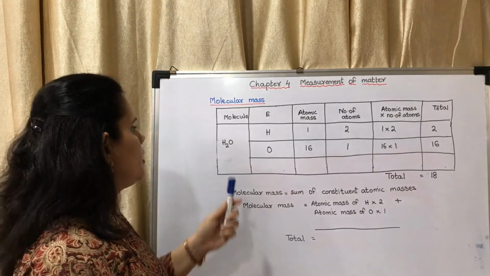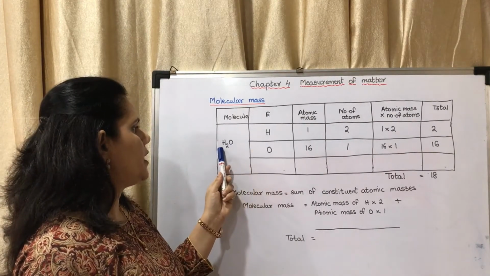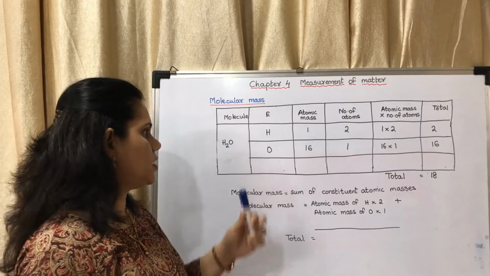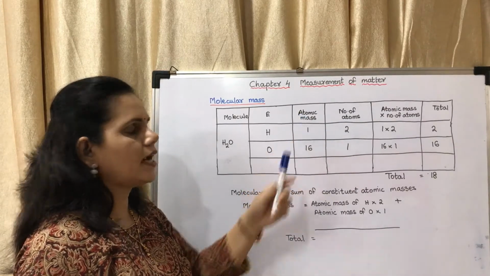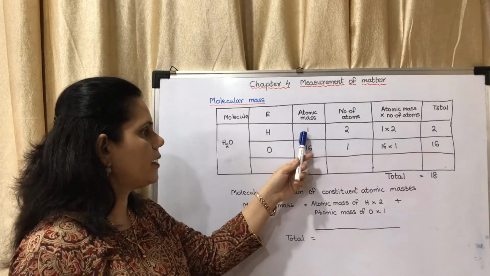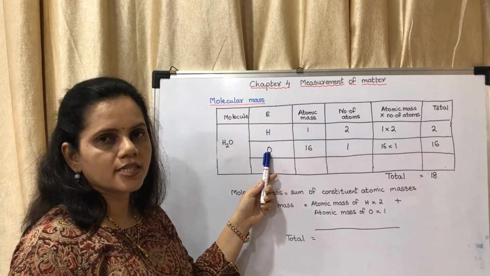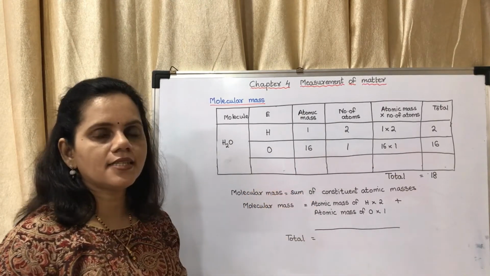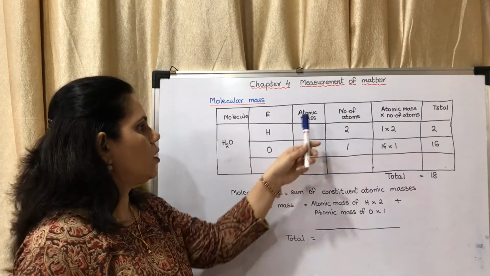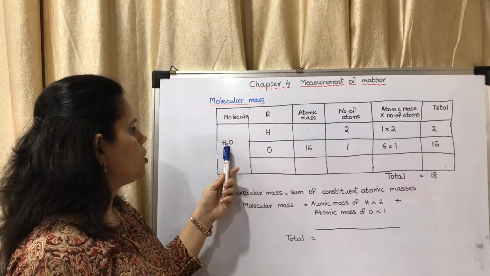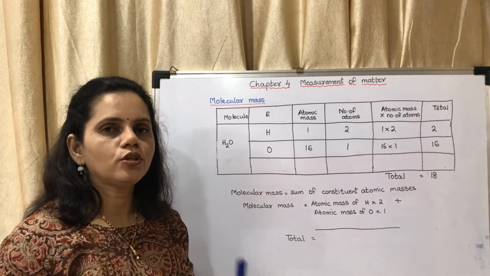So here, what are the elements? Hydrogen and oxygen. What is the atomic mass of hydrogen? Atomic mass of hydrogen is 1. What is the atomic mass of oxygen? Atomic mass of oxygen is 16. These are calculated values. Now, number of atoms in H2O.